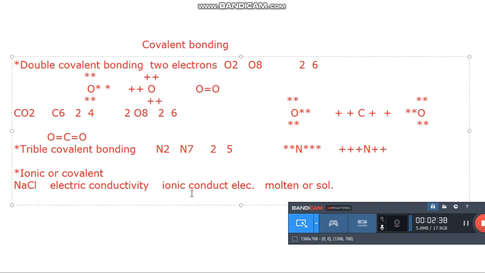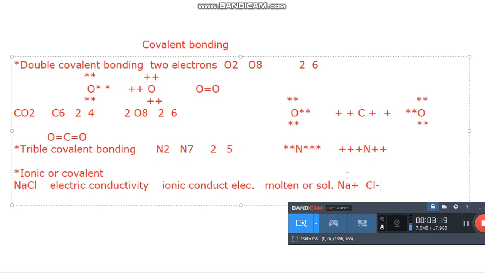Why? Because when they are solid, for example solid sodium chloride, it doesn't conduct electricity, because it doesn't contain free ions. While when it's molten or in solution, when we dissolve it in water, the ions will separate into Na positive and Cl negative.